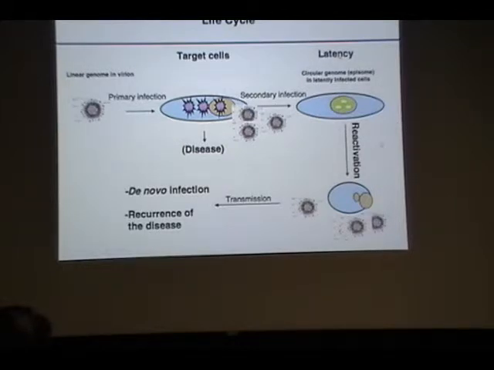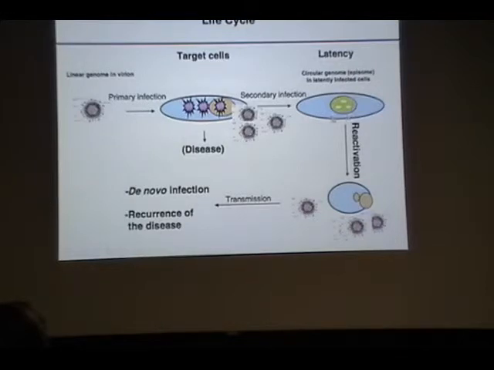From time to time, this latent virus can still reactivate. When the latent virus reactivates, we are making new viruses, and the new virus will transmit and infect other people or other cells in your body, causing recurrence of the disease. This is why once you are infected by a herpes virus, you will never get rid of it, because the virus will stay somewhere in a latent stage.